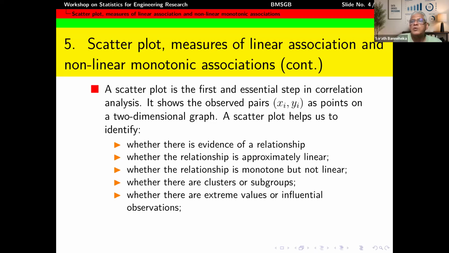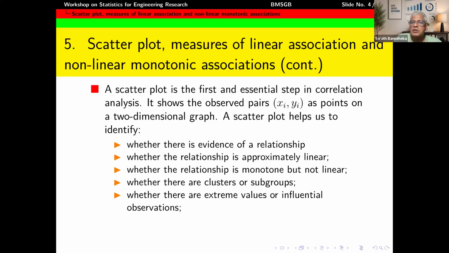From each person, we may have two observations, x and y, and maybe from some concrete strength measurement experiment, you may have some, say, for example, the amount of some chemical or the amount of cement or something, and then y may be the strength, right? So like that, for a given value of x, you have a certain value of y, and that will be considered as a pair of observation.